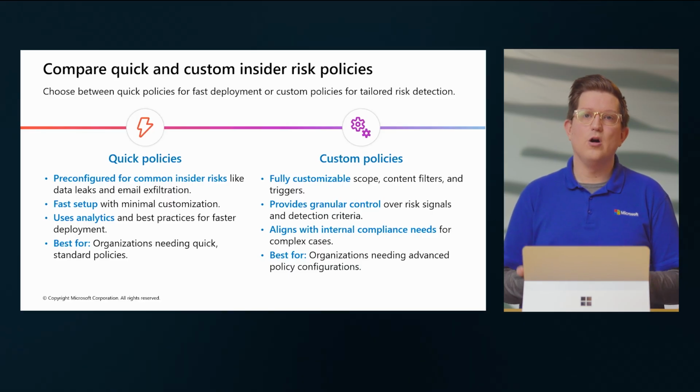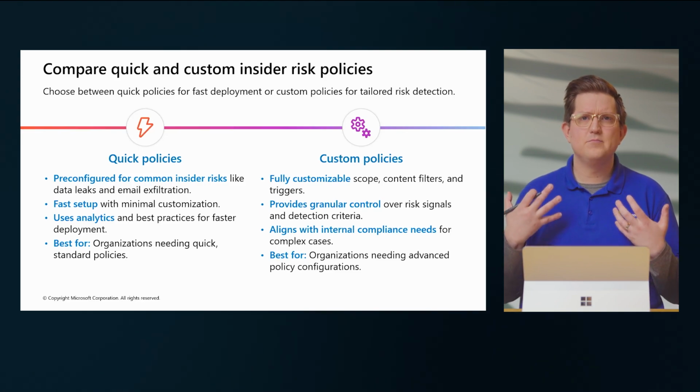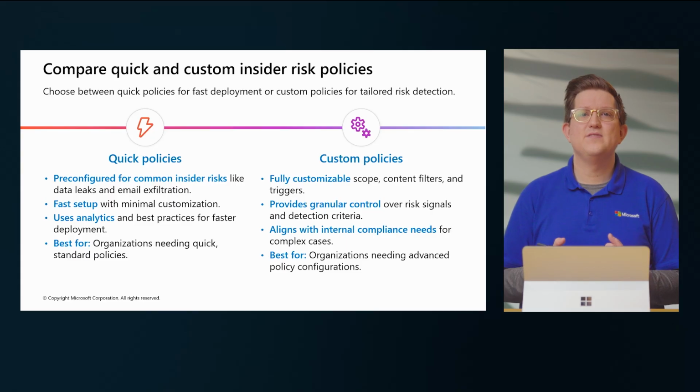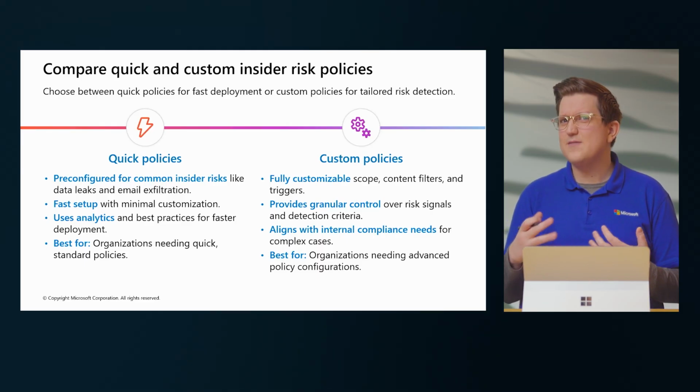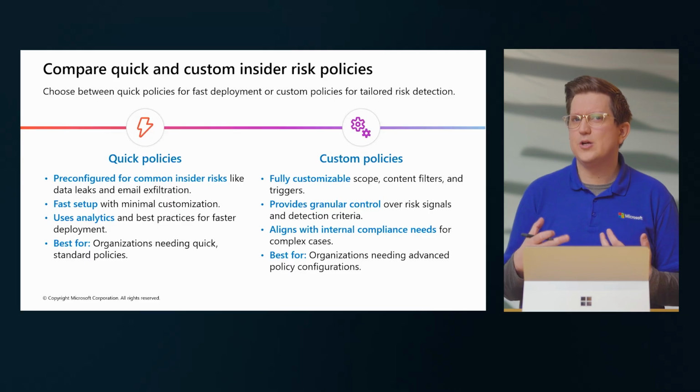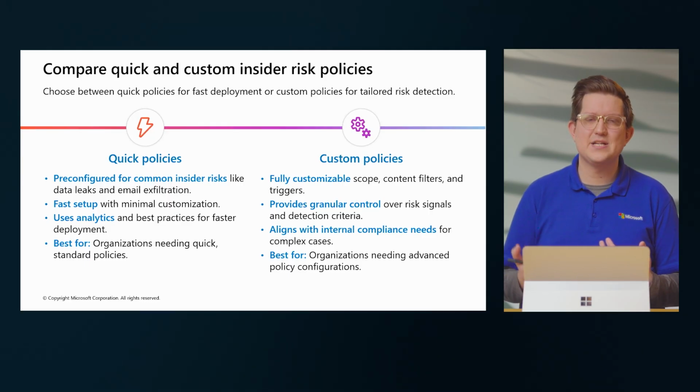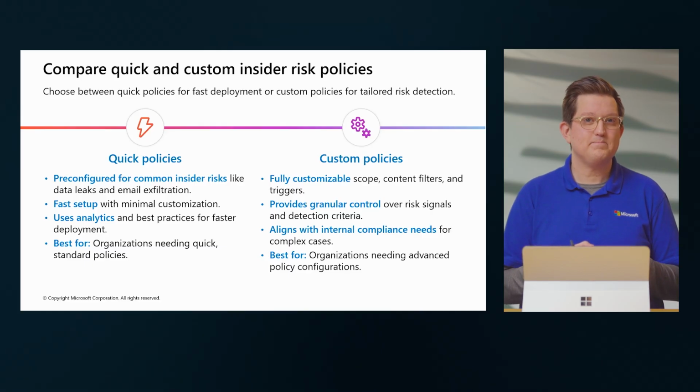They give you common avenues to be able to work within a series of common needs. Think things like common data leaks, unusual file activity, minimal configuration, preset signals ready to go. All you need to do is enable the connectors, and we can't even do a lot of scope configuration. The goal here is not to do a big custom deployment. It's to get you something that works quickly.